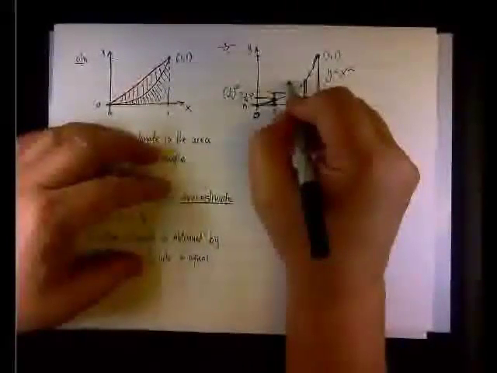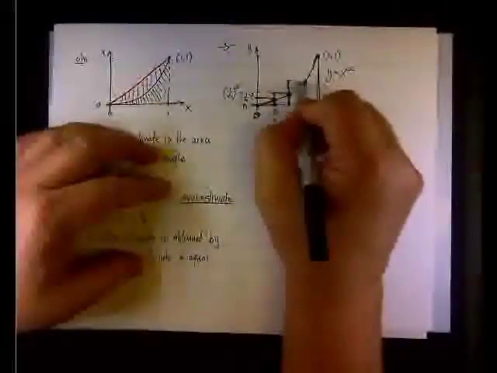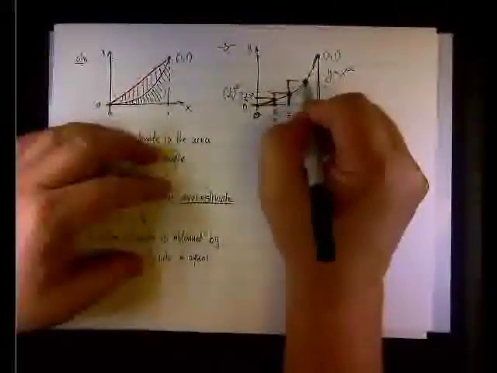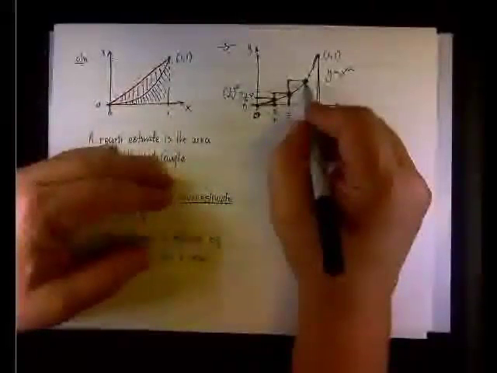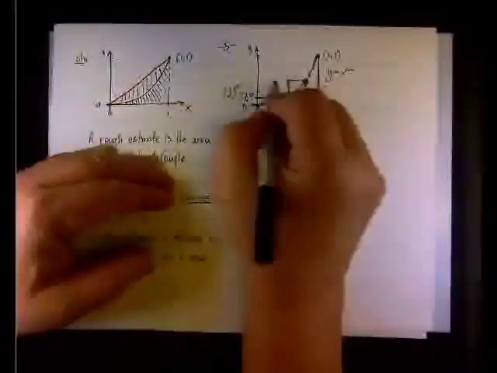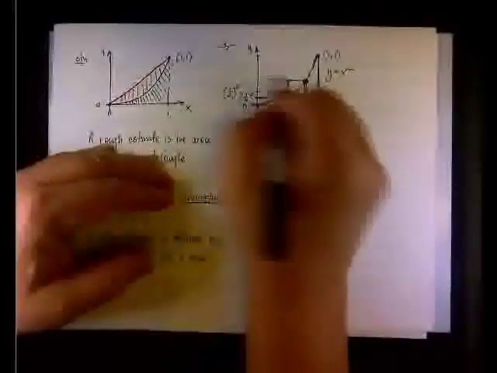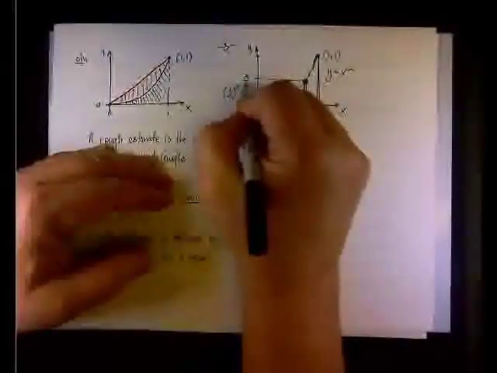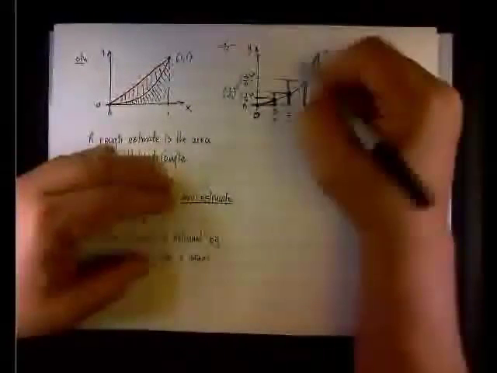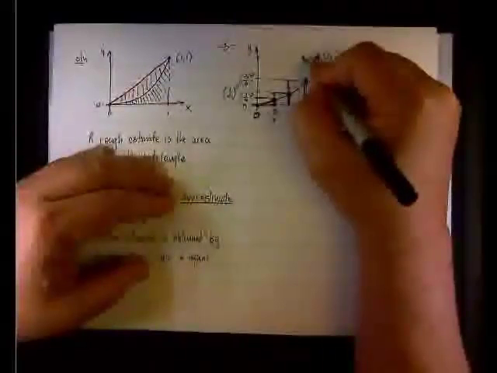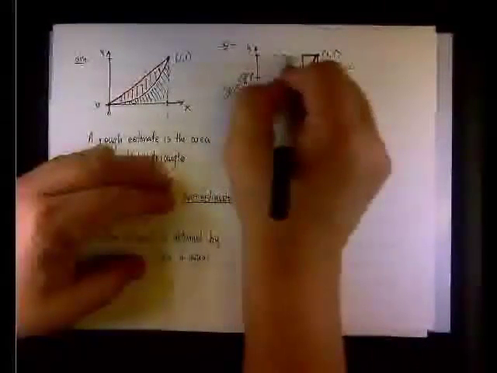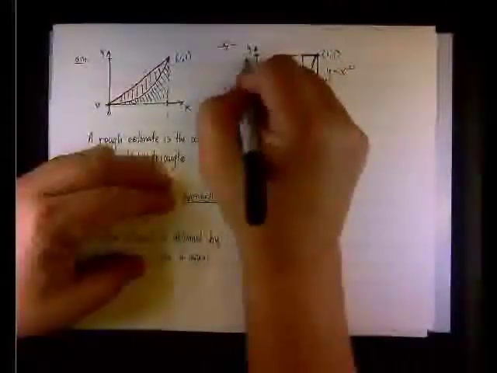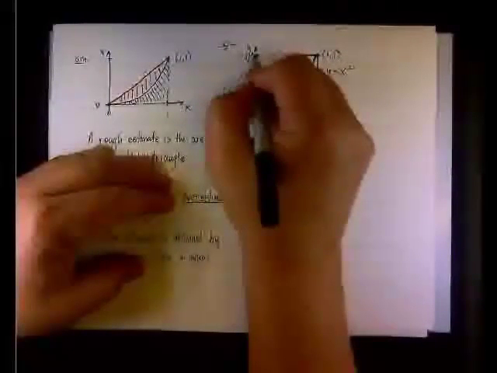The next rectangle will be built based on the right endpoint value of the third interval, and this will be f of 3/4, or 3/4 squared. And lastly, the fourth rectangle will be simply 1 squared, or 1.